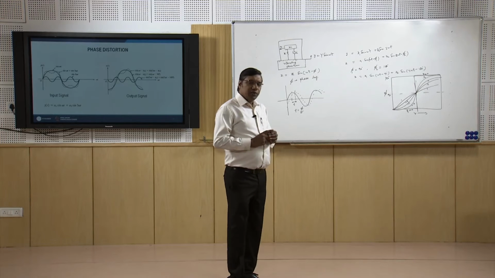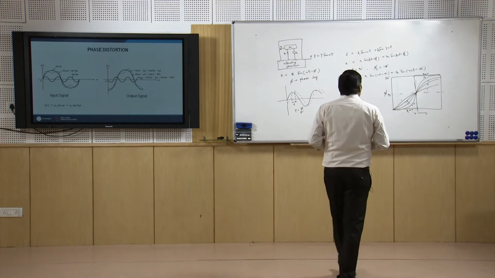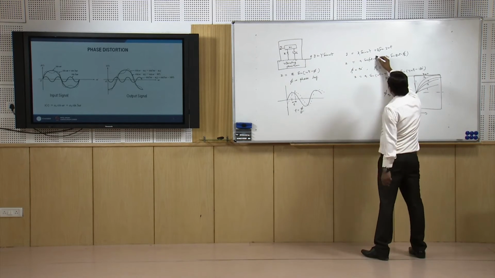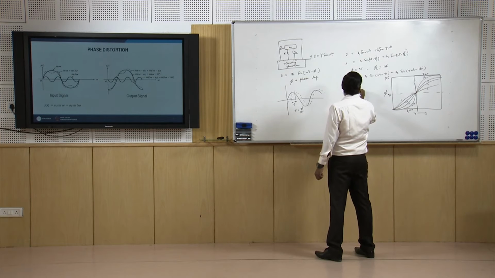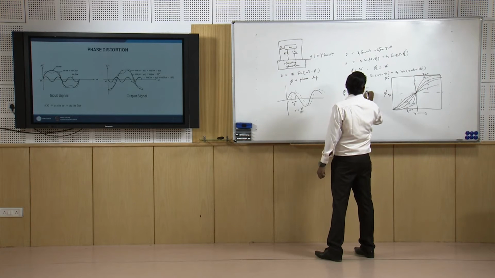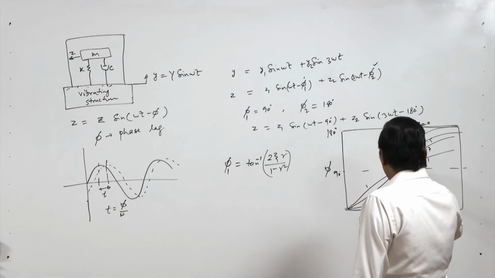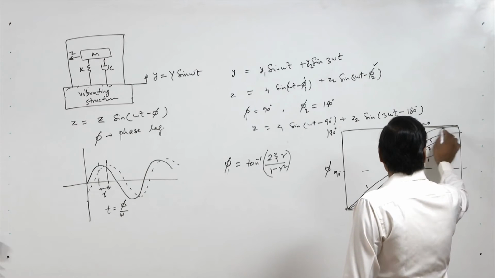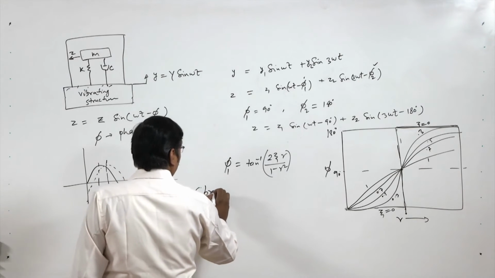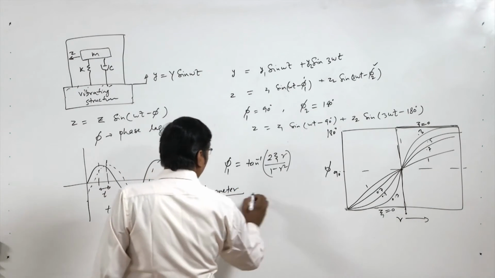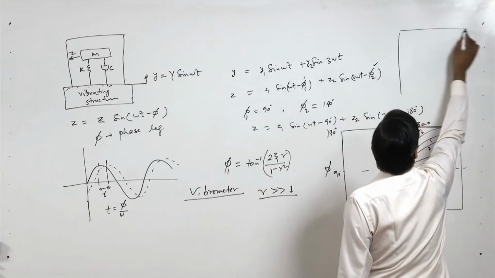For the vibrometers, we see that phi equal to tan inverse of 2 zeta r by 1 minus r square, and because in the case of the vibrometer we have r much greater than 1, we are in this range of r much greater than 1.